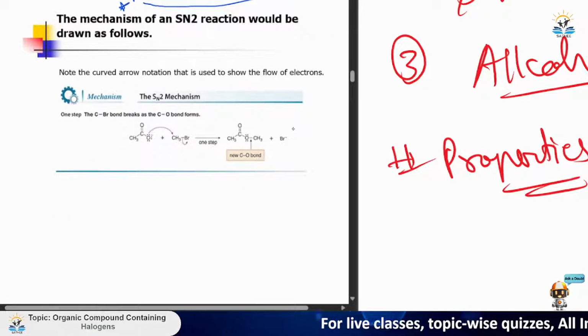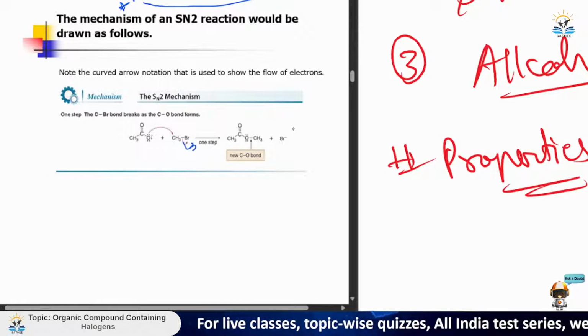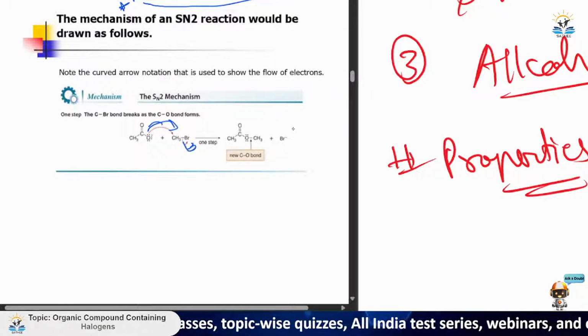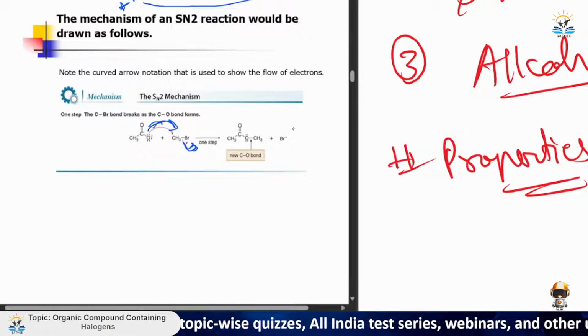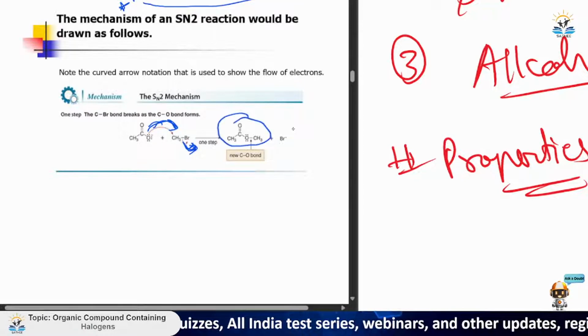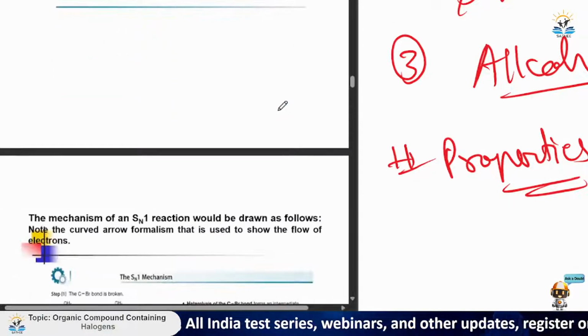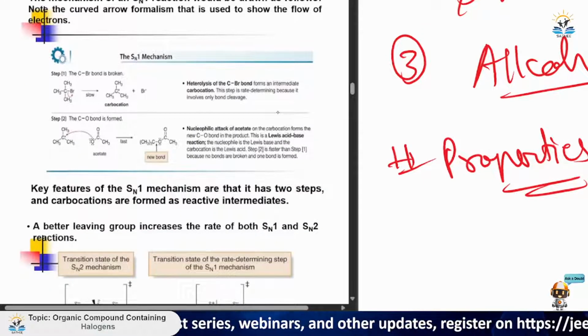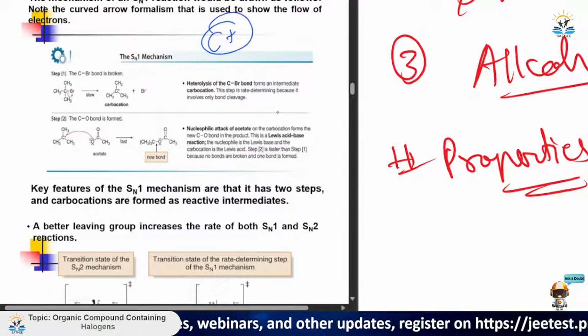Now, the mechanism of an SN2 reaction. We have an SN2 reaction. This is CH3COO negative, a one-step reaction. Here this nucleophile comes and this Br leaves, and this product is formed, and Br is the leaving group. Similarly, if we talk about the SN1 reaction, it has a carbocation stability issue.